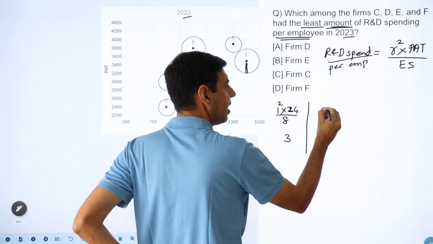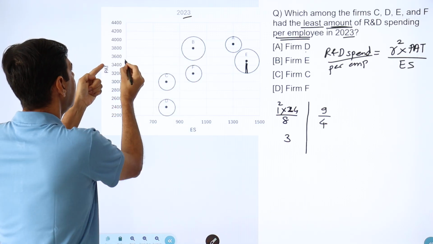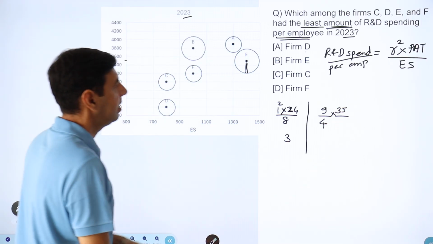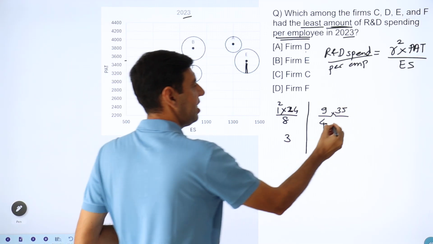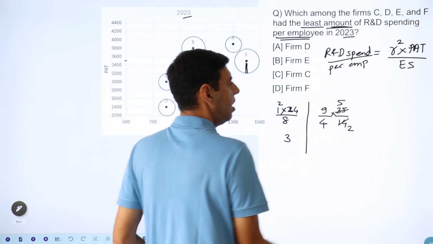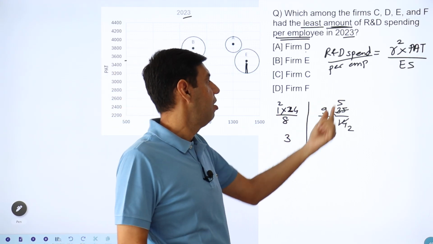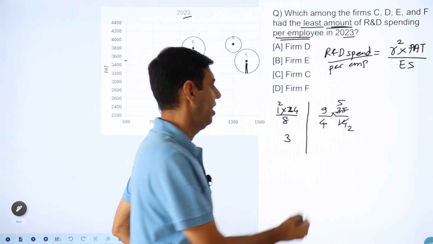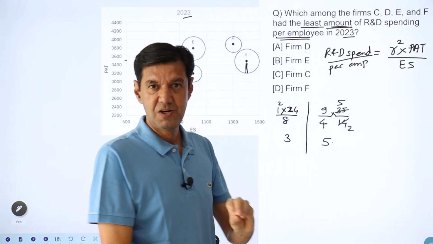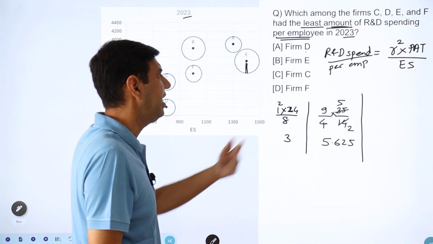So R squared will become 9 by 4, of 35, divided by employee strength 14. So 7 5s are 35, 7 2s are 14. Dividing by 8 should not be any issue. 45 by 8. 8 5s are 40. 5 left over. 5 by 8 is 0.625. You can be so accurate. You don't need to, but it's okay.